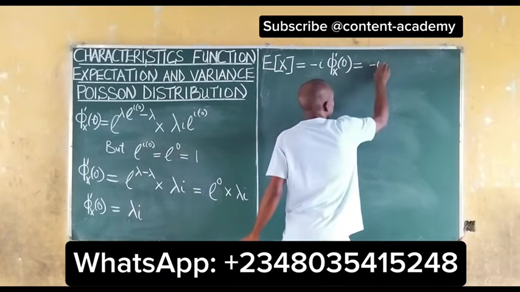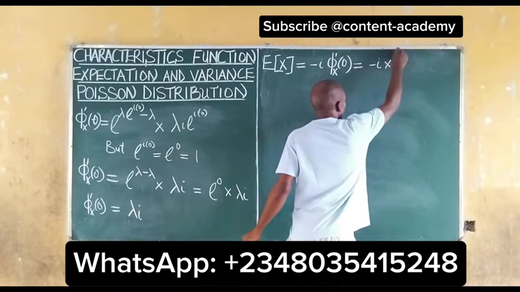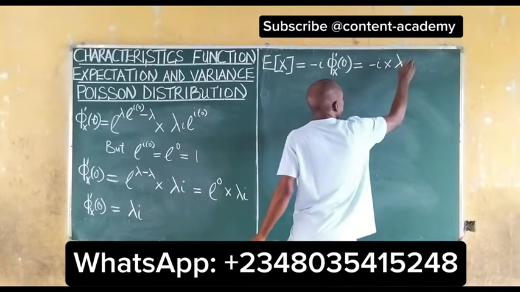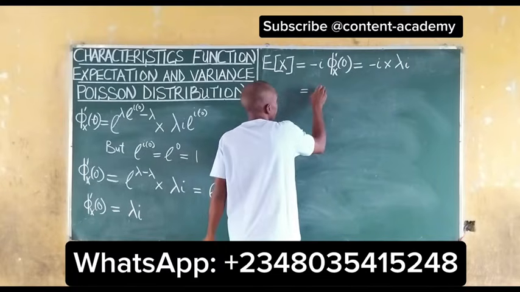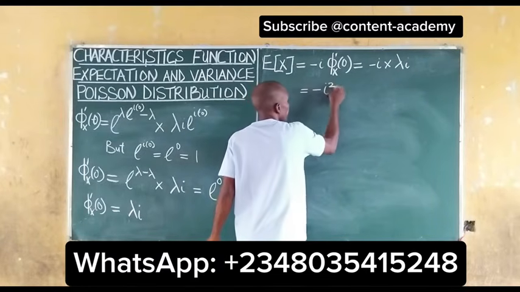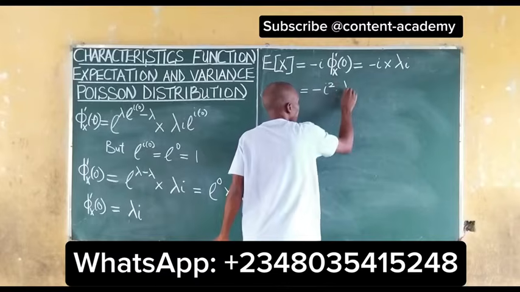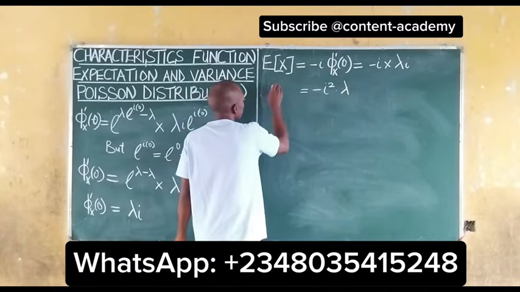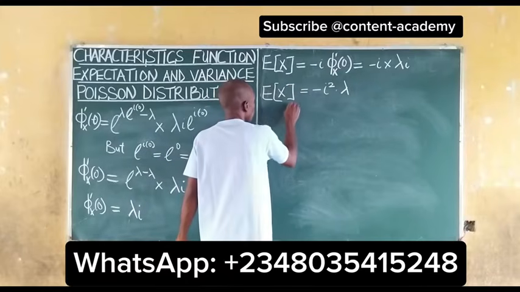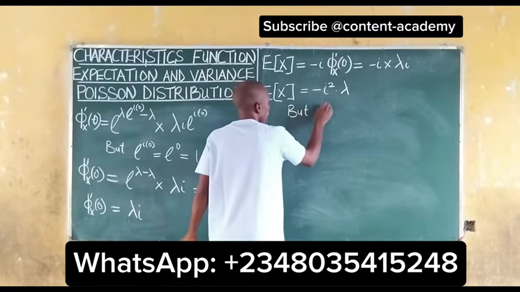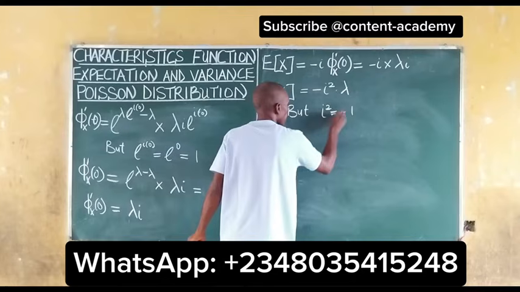So we have negative i multiplied by lambda i, which is the same thing as negative i squared multiplied by lambda. But i squared is equal to minus 1.